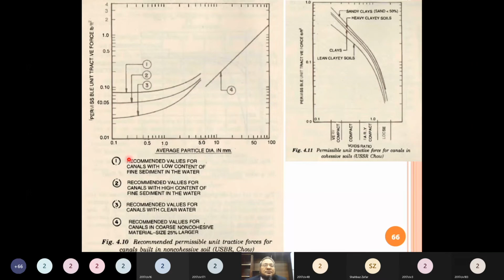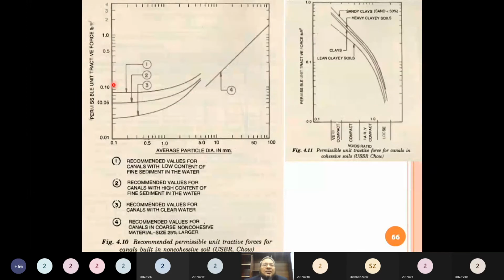Now, for example, if my canal has very low content of fine sediments in water, so I have to consult graph number 1. And I have to see what is the bed material size. And accordingly I have to find this value. So this is 0.1 something pounds per square feet, or PSF, the critical tractive force on which I have to design this channel.